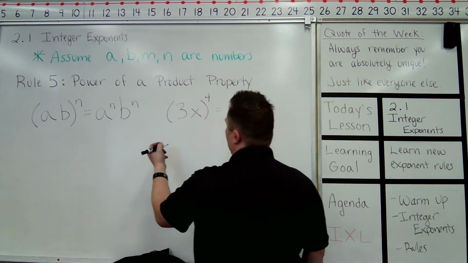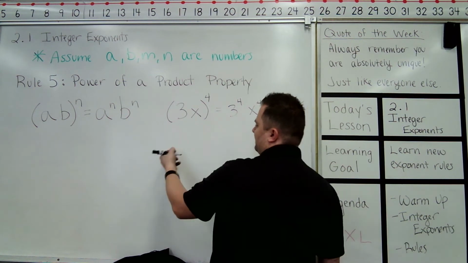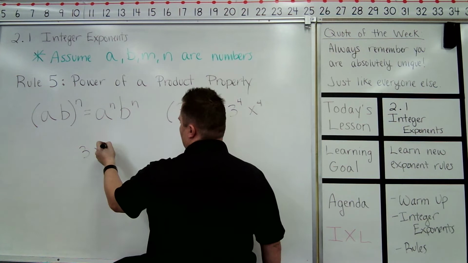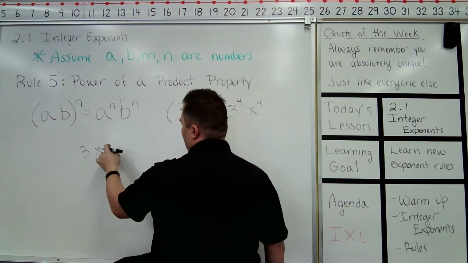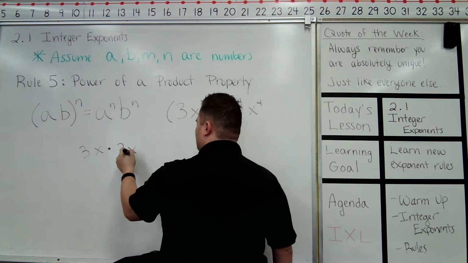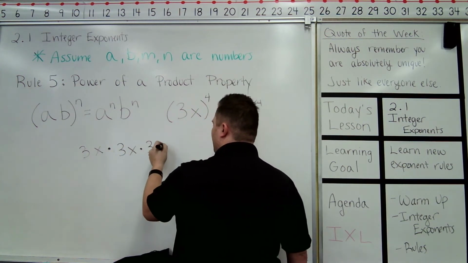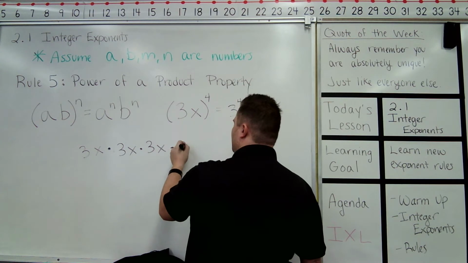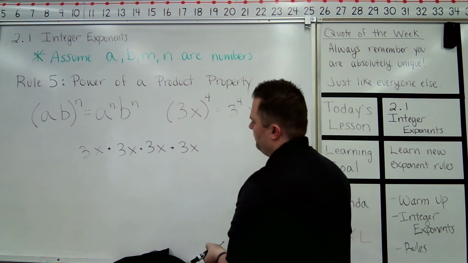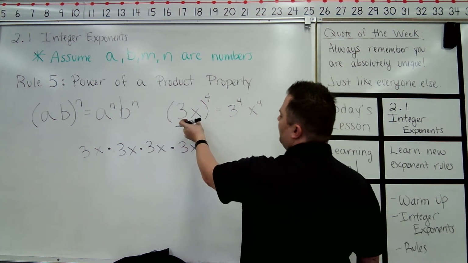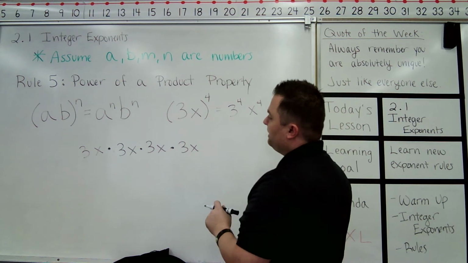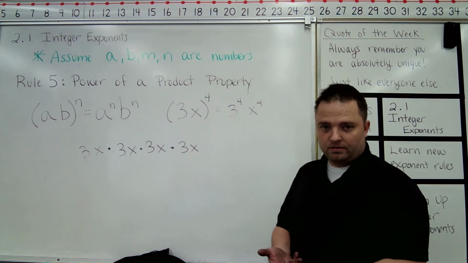Well, 3x times, I'm going to use the dots this time because I already have x's, times 3x times 3x times 3x. I have 4 of them. Now, when two numbers are next to each other, it basically means you're multiplying them together.